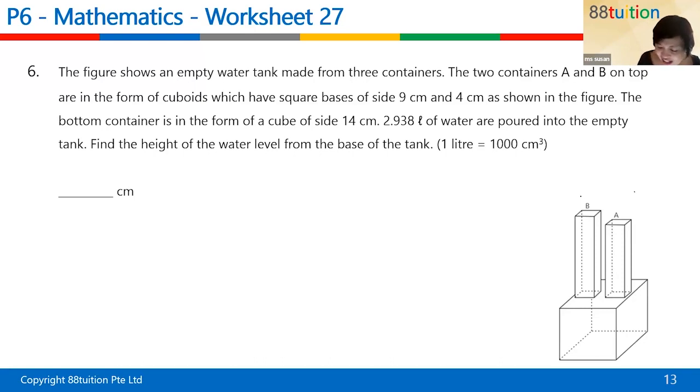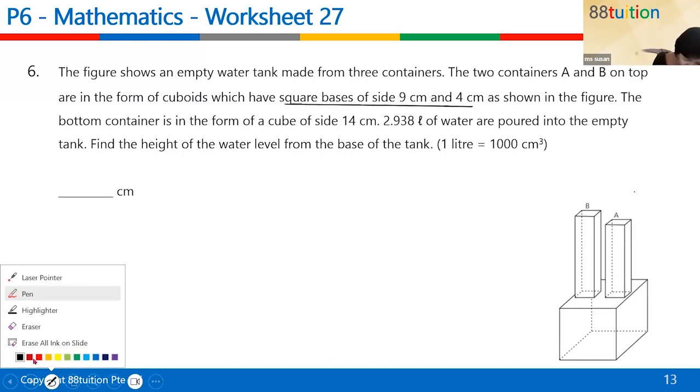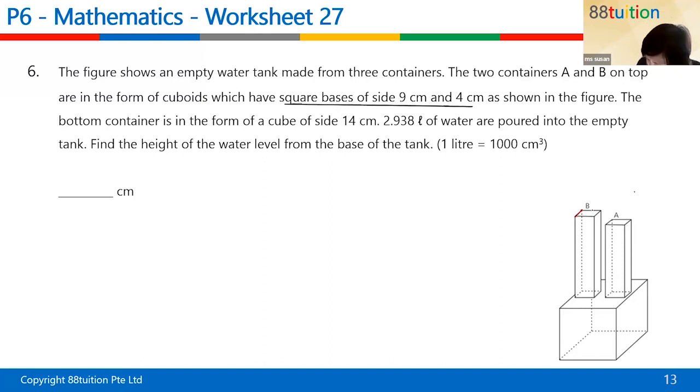So what they are trying to tell you is that this is 9 by 9, and the other side will be 4, and the length is 4. Square base, that's what they meant here.